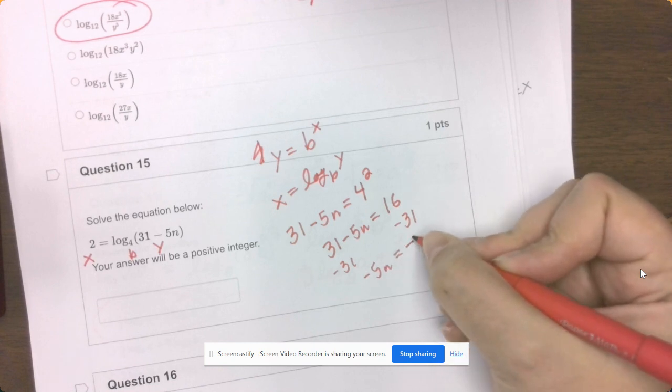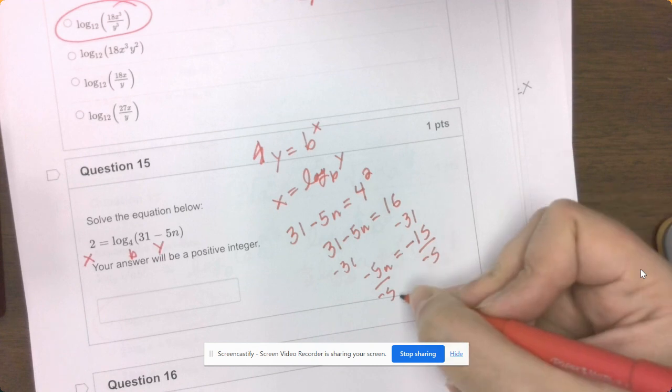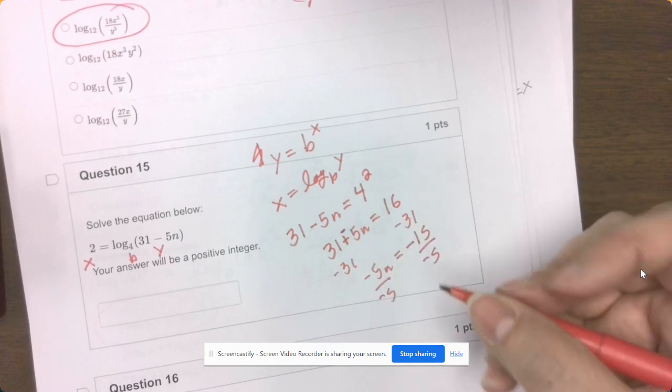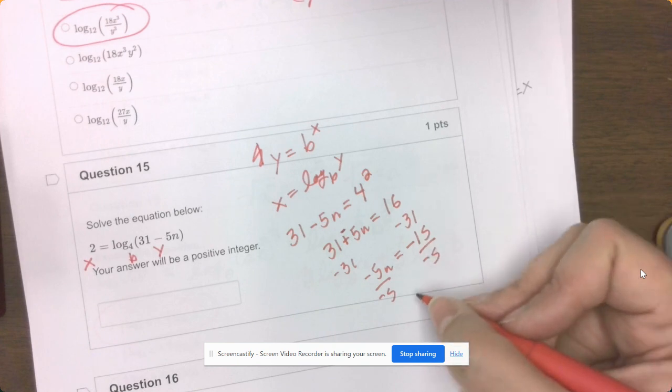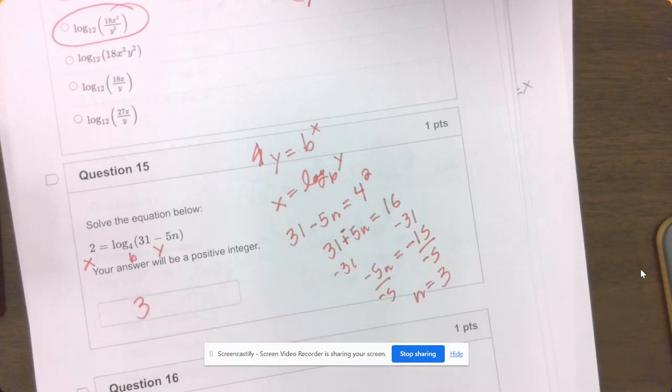It's going to give us negative 15 divided by negative 5. Everybody be careful on that one, don't lose track of that negative. So I would do keep change right there. Negative 15 divided by negative 5 is going to give us 3. Okay, so we just put in 3.